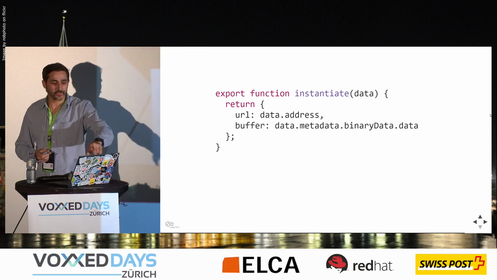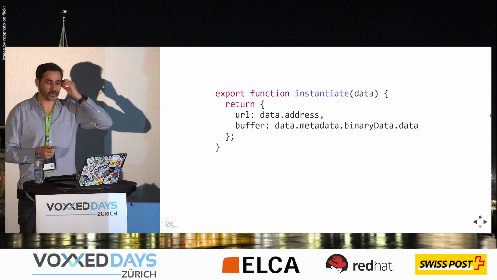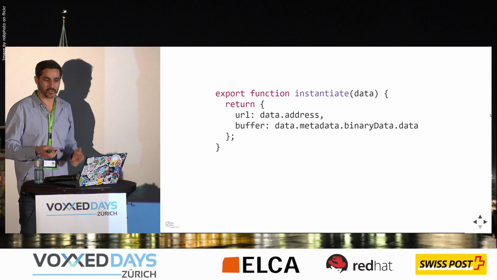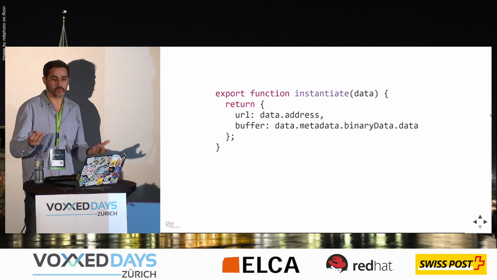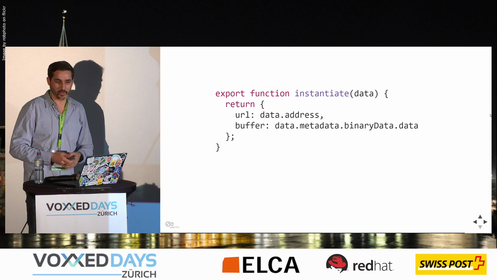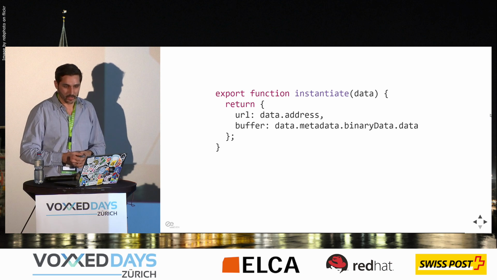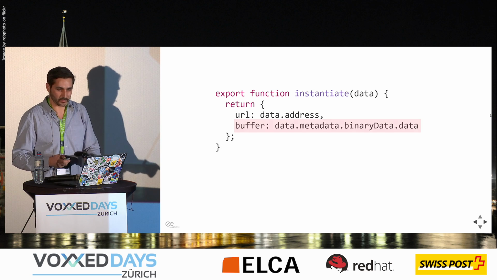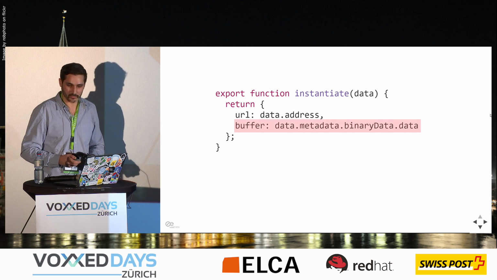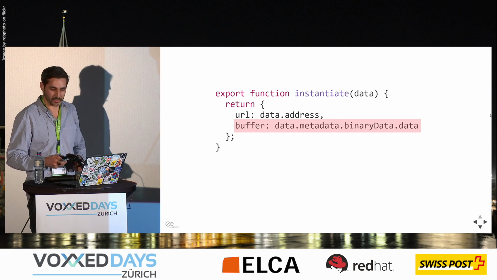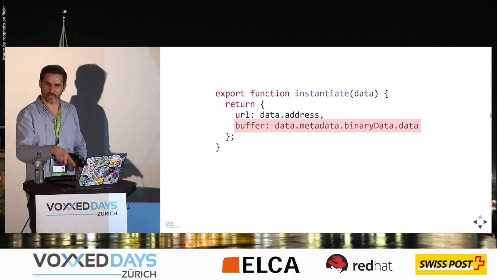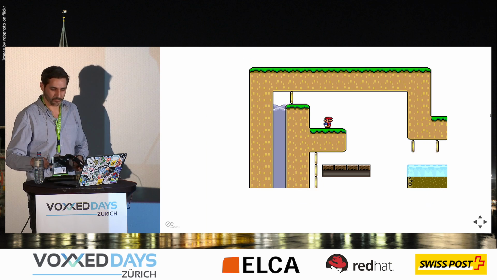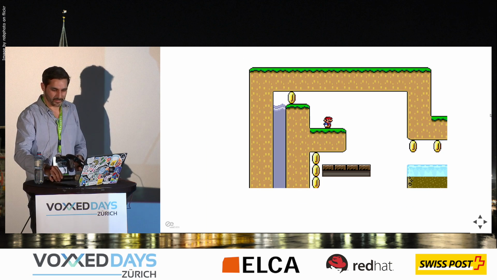So there we are just extracting what we have previously put into the metadata, the whole binary data object, and getting the array buffer from there. So now let's look at how that looks, or better, how that sounds. And I hope the audio is a little bit okay because I'm recording it with the microphone here.